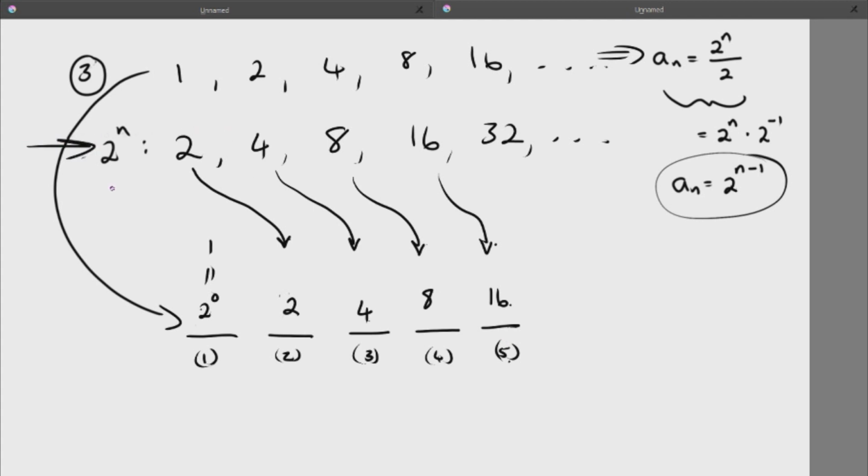Well, I'm going to subtract 1 from the position, which means in the original, I'm 1 position back. So if I'm over here trying to calculate this one, I'm going to subtract 1 from the position, which means 2 to the power of 1 position less. So it's a shift that is happening.